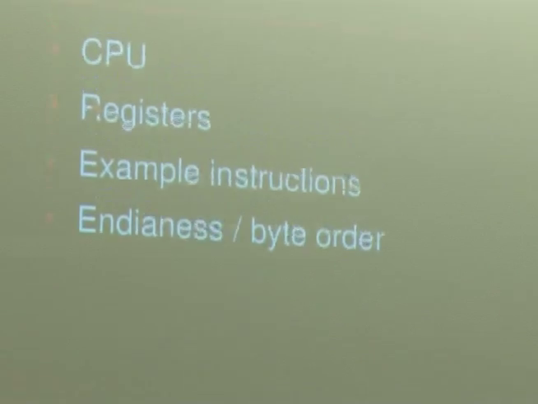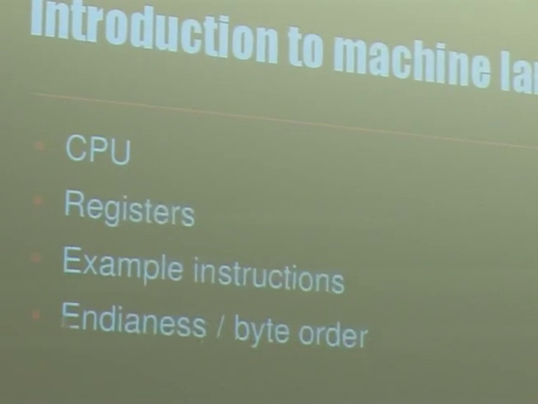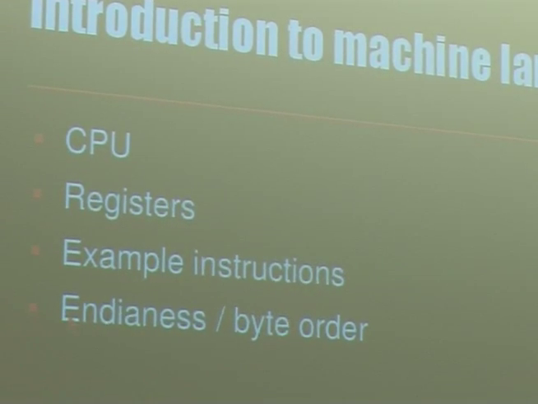Most of you will probably have heard about it in IT courses. It's just a very basic and simplified model. The important part will be the registers, to understand what's going on in machine language. We will go through some example instructions, and there will be a quick note on endianness, otherwise called byte order.